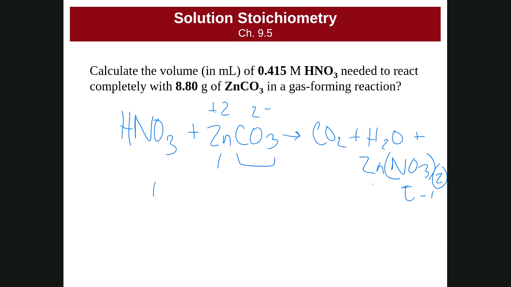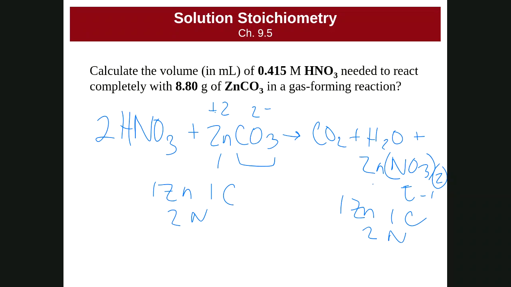That's good. We have 1 carbon on both sides, so that's good. We have 2 nitrogens on the right, so we need 2 nitrogens on the left. So we put a coefficient in front of our nitric acid.